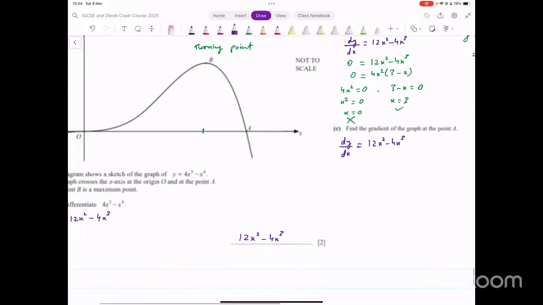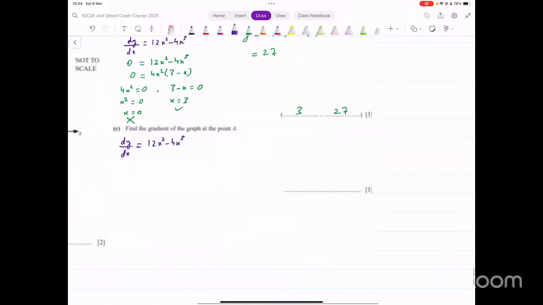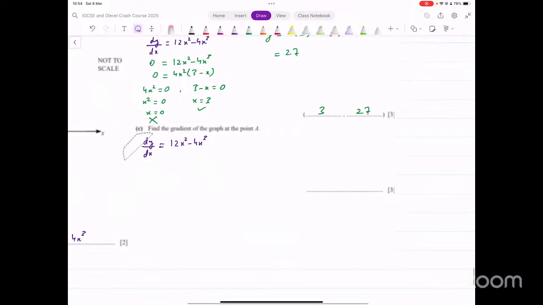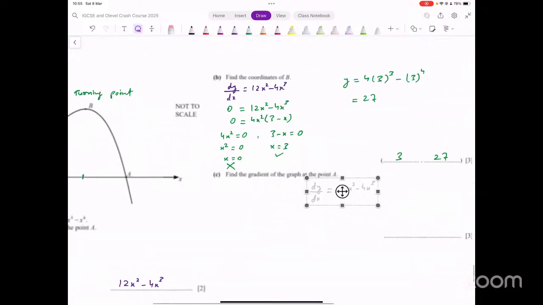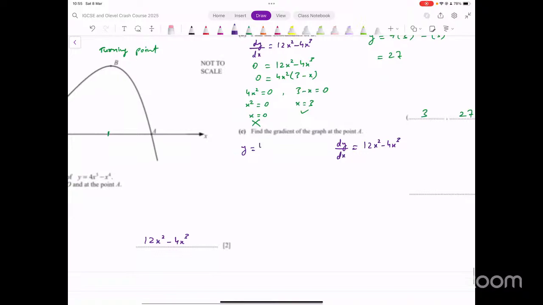It's a curve. A is the x-intercept of this curve. How do you find the x-intercept of any function? You put y equal to 0, right? To find the x-intercept of any function, you put y equal to 0. So what you can do here is you can say, let's put y equal to 0 first of all to find that point. The function y is 4x cubed minus x raised to the power 4.